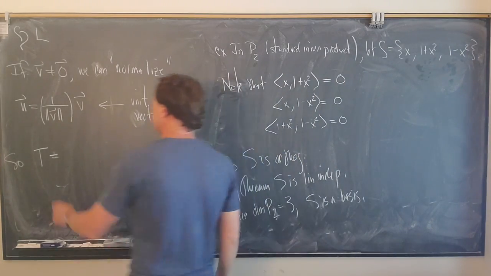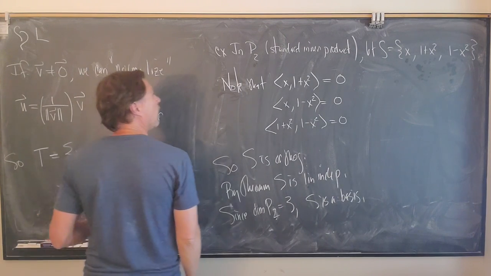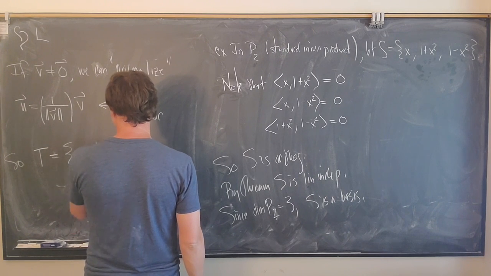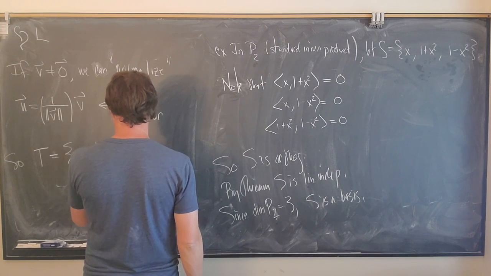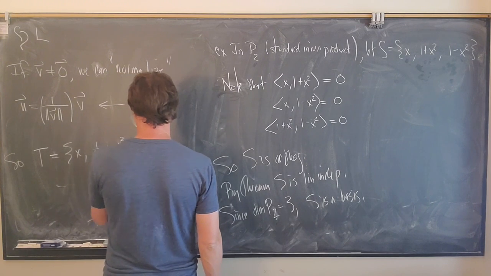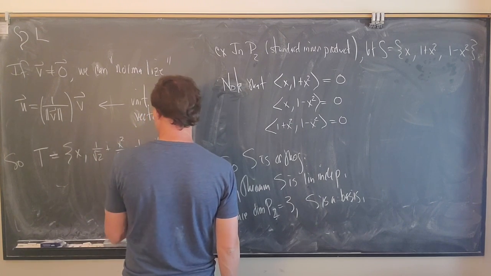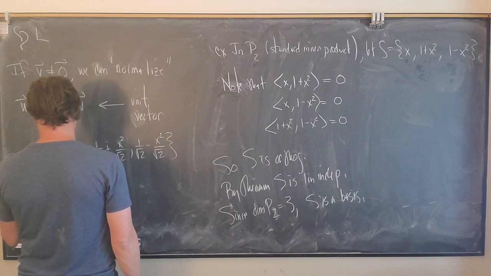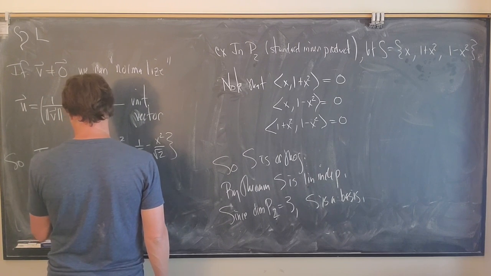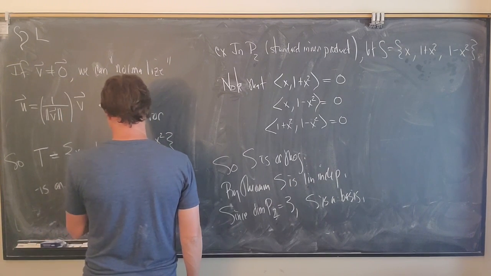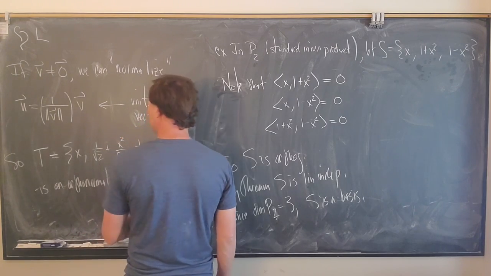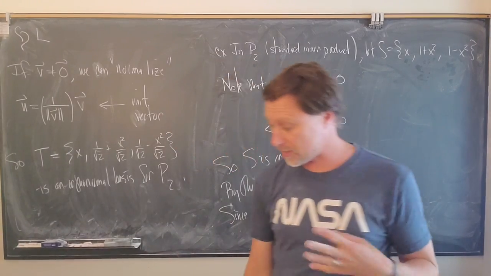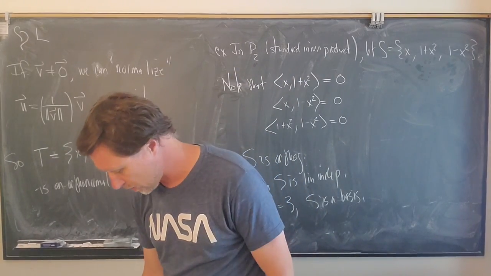And so the set consisting of the vector x, 1 over root 2 plus x squared over root 2, and 1 over root 2 minus x squared over root 2, this is an orthonormal basis for P2. All right, so you can quickly convert an orthogonal basis into an orthonormal basis, or set, in fact.